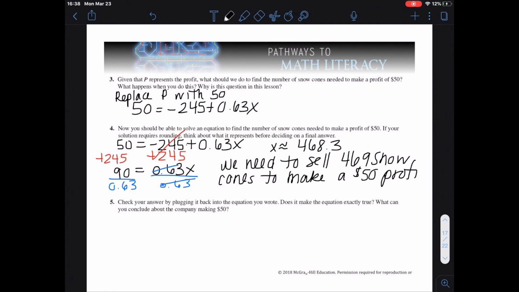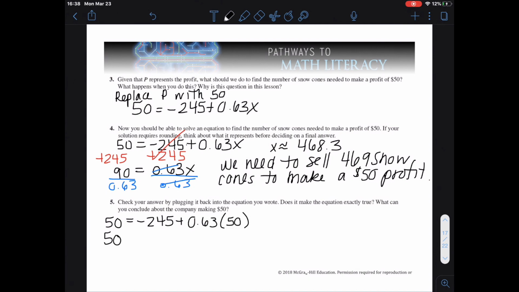Okay. So now you can check your answer and plug it back in. You want to see, does it make it exactly true? And what does that mean about our company making $50? So if you plug this back in, you get 50 is negative 245 plus 0.63 times 50.